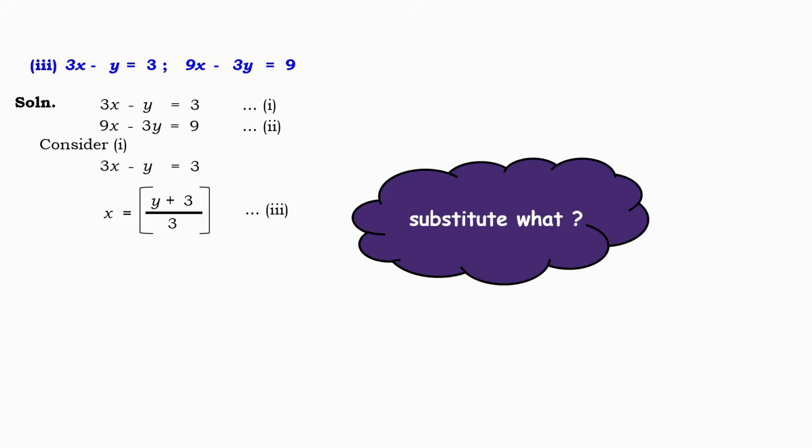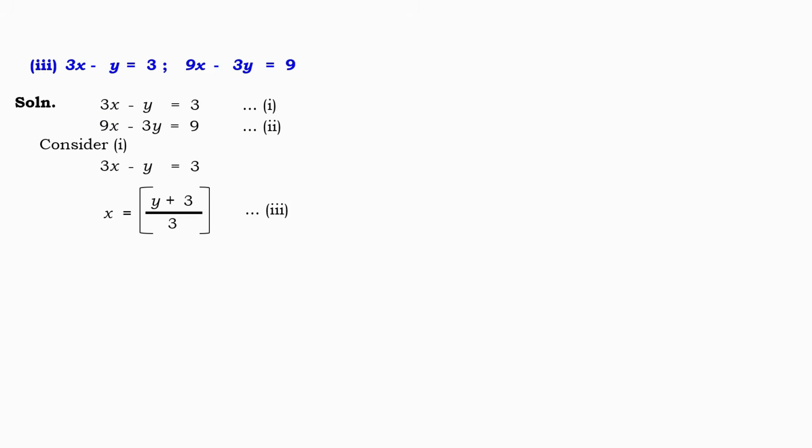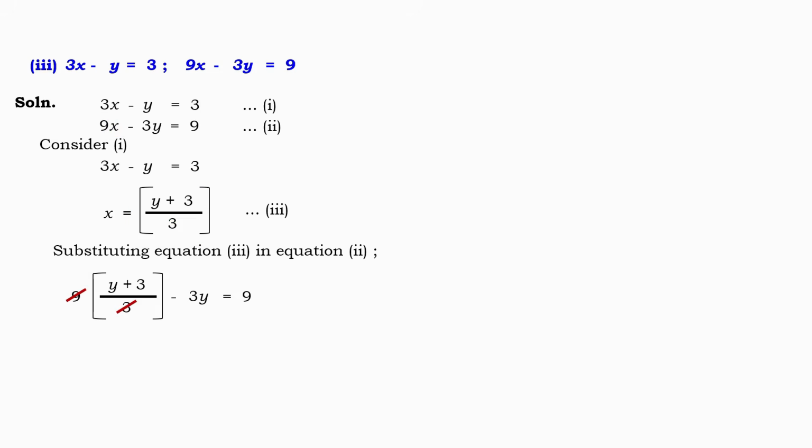Now substitute this value of x into equation 2. Equation 2 is 9x minus 3y equals 9. Replacing x with the expression from equation 3, we get 9 multiplied by (y plus 3) divided by 3 minus 3y equals 9. The 3 in the denominator cancels with 9.